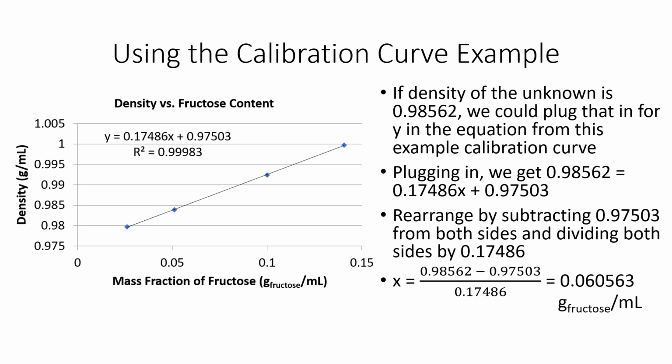My rearranged equation becomes x equals 0.98562 minus 0.97503, all divided by 0.17486. And I get 0.060563 grams of fructose per milliliter of solution as the mass fraction of the unknown solution.